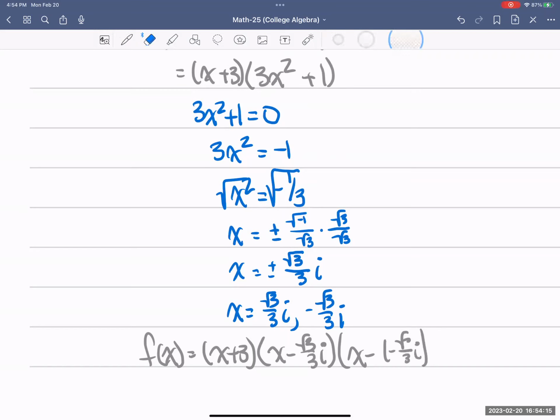But we could just simplify that to plus root 3 over 3i. And although they're not rational roots, they're still the roots and the zeros of this function. And look, I didn't even plan it out.